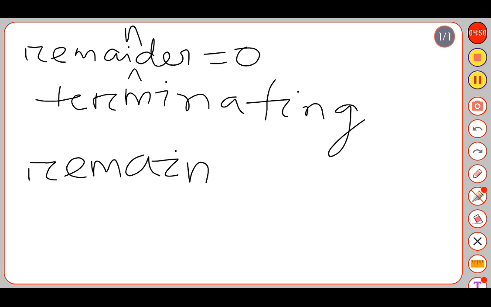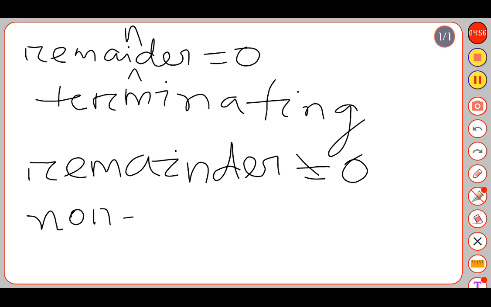Sorry, here not equal to 0, then it is non-terminating.